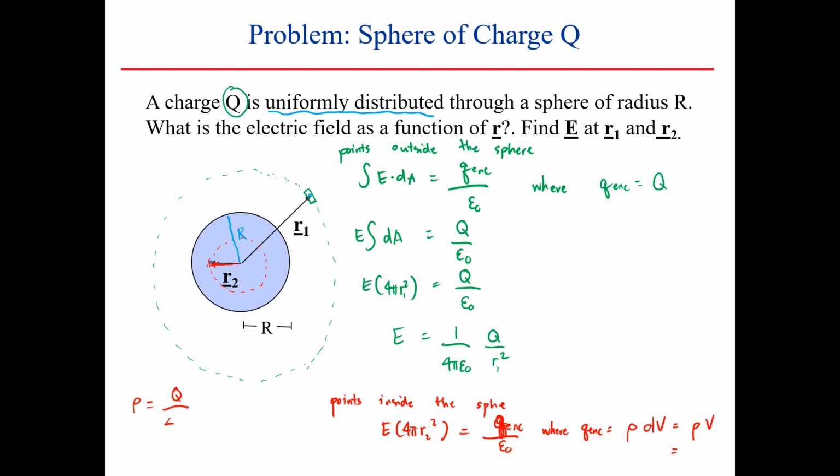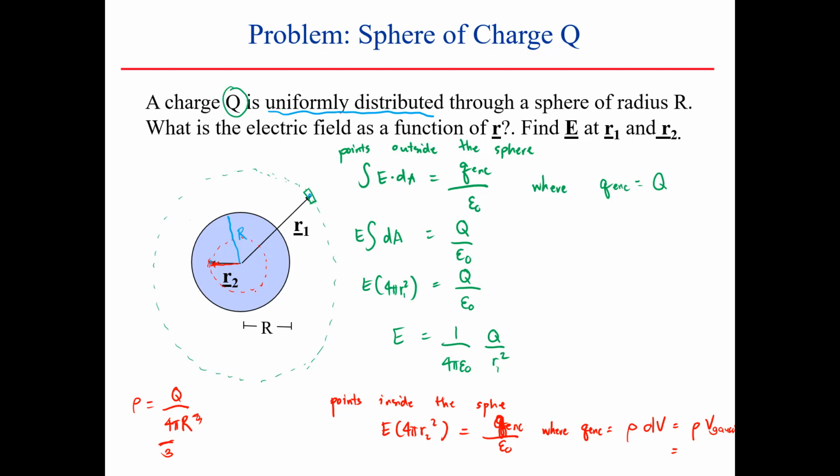The volume of the sphere is 4/3 pi r cubed. So, total charge divided by total volume is rho, and then we multiply it by the volume of the Gaussian surface. Okay?